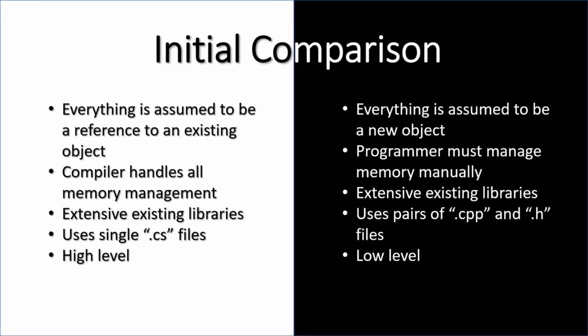Talking about memory, in C#, the compiler handles all memory management. So although it is theoretically possible, you shouldn't run into any memory leaks or problems with using too much memory in C#, because the compiler handles all that. You don't need to worry about it.